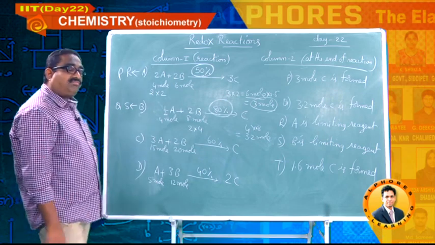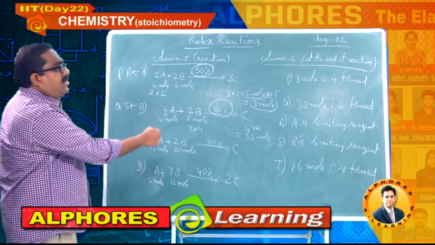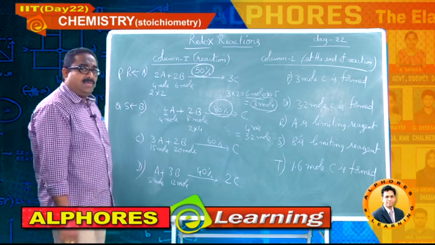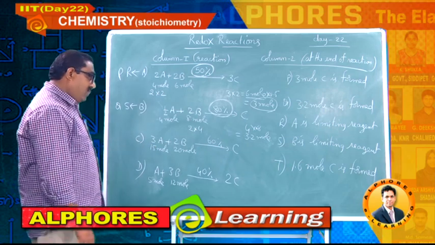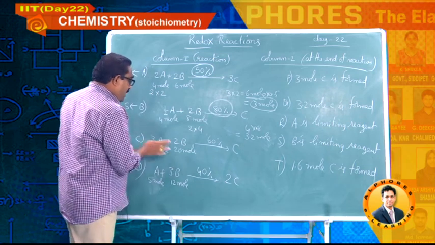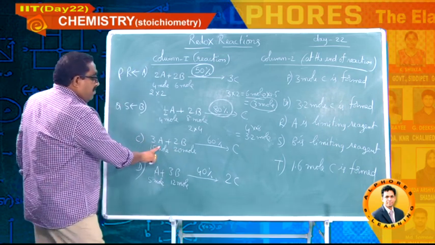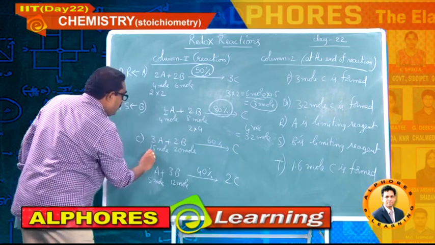Next, come to C. First of all, let me find out the limiting reagent. 15 by 3, 5, 20 by 2, 10, 5, 10. Minimum is this, so limiting reagent. So, take this ratio, 3:1.